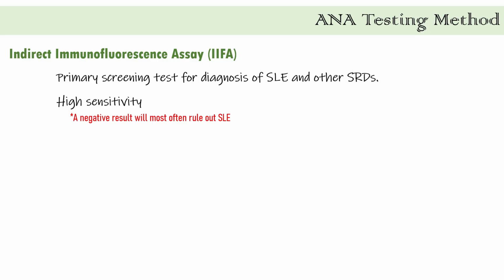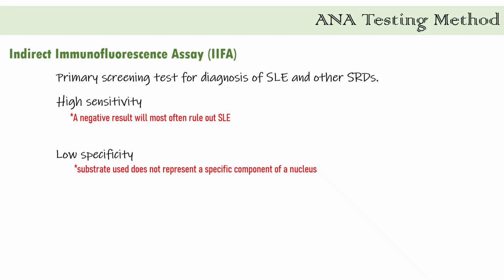This means that it is able to detect presence of anti-nuclear antibodies even in small amounts. Thus, a negative result will most often rule out or exclude SLE and other systemic rheumatic diseases. However, this test exhibits low specificity because the substrate utilized does not represent a specific component of a nucleus, but rather it represents the nucleus as a whole.